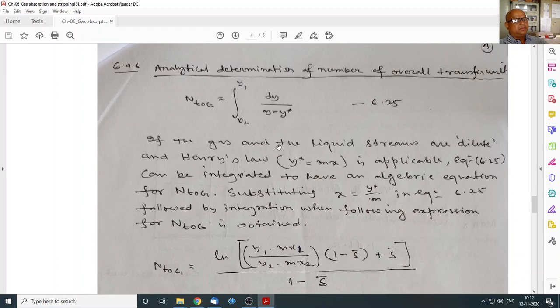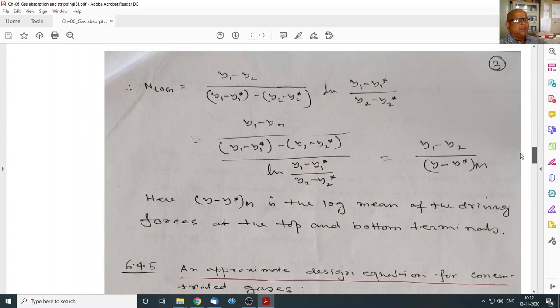And this is the case for the dilute solution, isn't it? If you see, this is the case for the dilute solution.